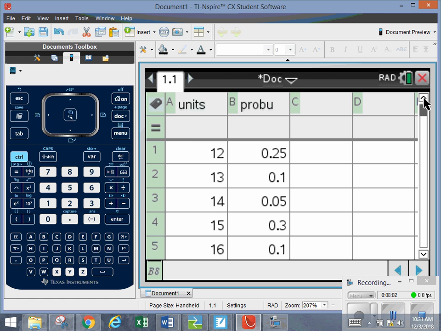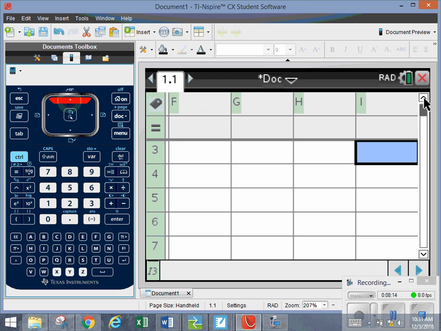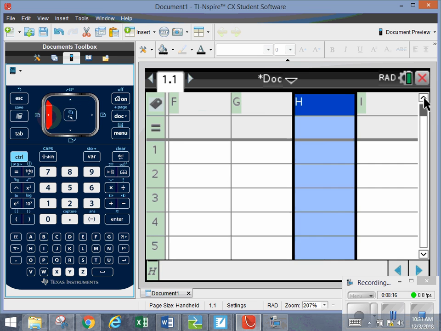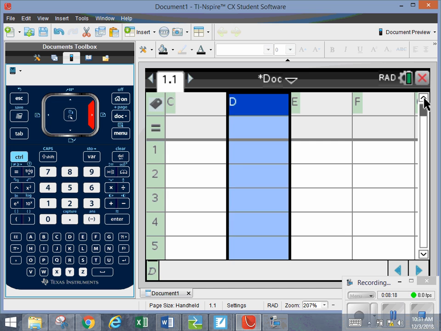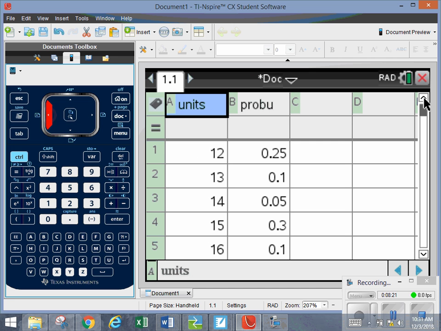So now, just as I have showed you before, we can come on over to, not all the way over to I, but to C. And we'll call this prod u, like product, because what we need to do is multiply each of these things, right?